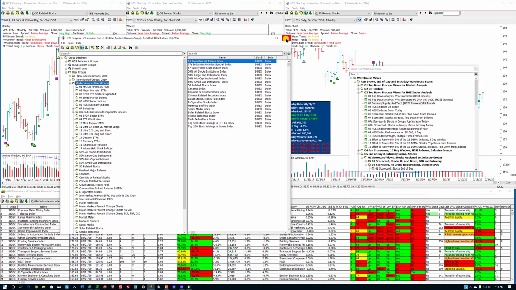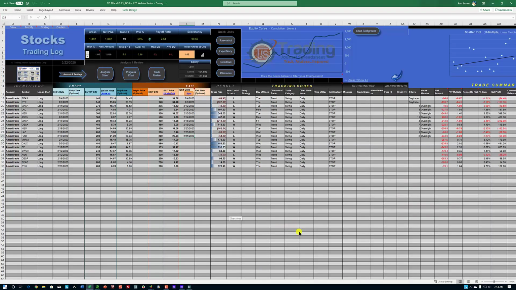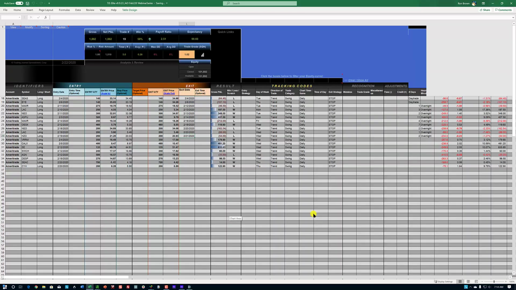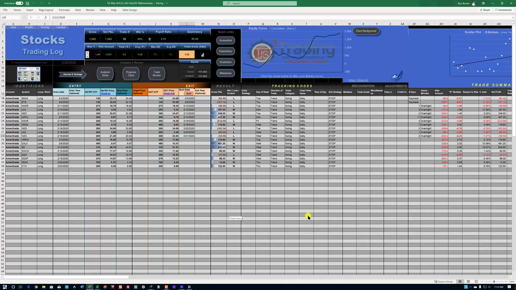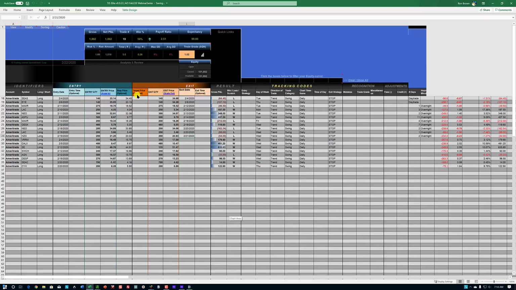Before I get into some of the new things I'm working on, let me show you a couple of spreadsheets. These are trades that I started putting on. When was my first trade? The entry date is right over here.